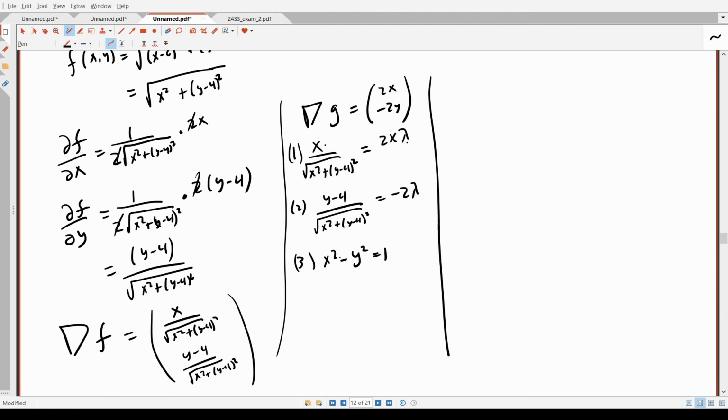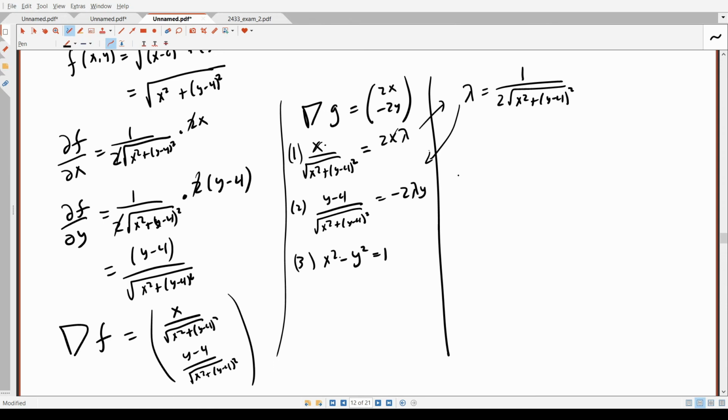So what I'm going to do first is I'm going to solve for lambda. So I cancel x on both sides. I get lambda equals 1 over 2 root x squared plus y minus 4 squared. Now I take that lambda and I plug it in down here. There should be a y right here.